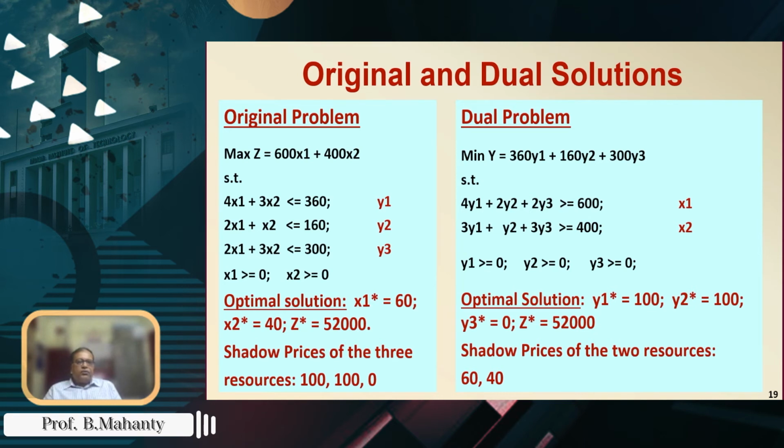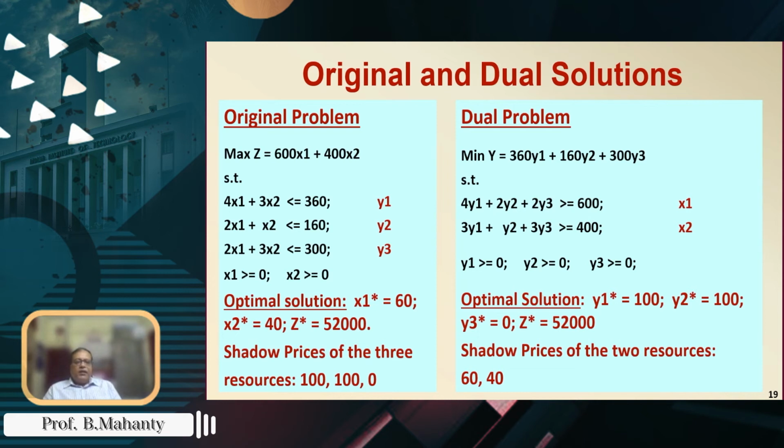That 4 into 60 plus 3 into 40. 4 into 60 is 240, 3 into 40 is 120. So 240 plus 120 equal to 360. So that means at the optimal point, the first constraint has turned to equality. In another language, you can say that the slack of the primal first constraint has vanished, right?